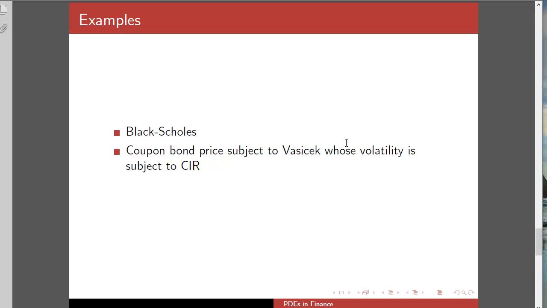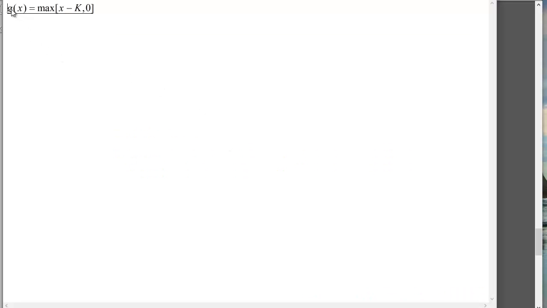So how do we use the Feynman-Kac result for Black-Scholes? Well, we can do it together. So let me just simply remove this one, and how is the option price V(t, x) conditional on X defined?